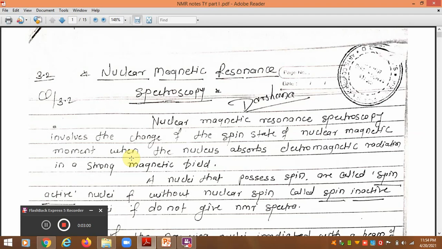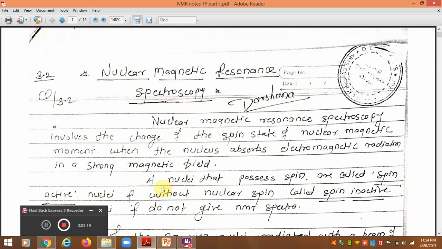Whenever the nucleus absorbs energy from the electromagnetic radiation, then definitely it shows a change in state from a low energy level to a higher energy level.